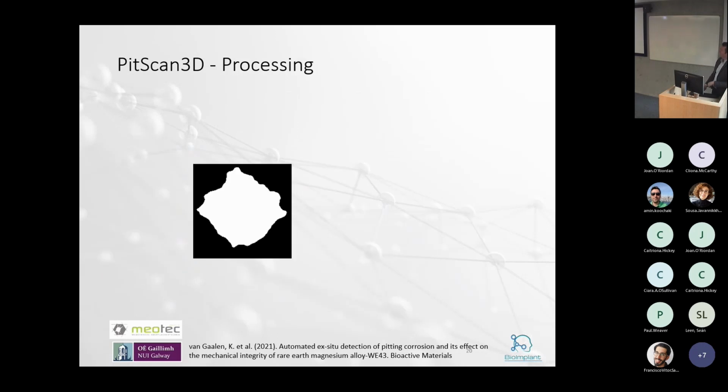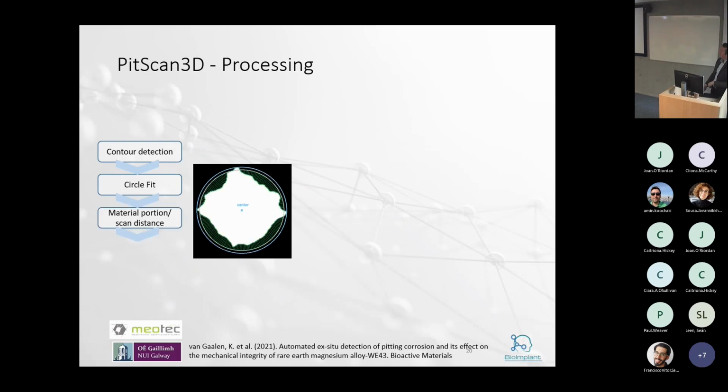From that, we process this image. Here you're looking at one single 2D section of that gauge section, and we apply essentially an automated detection framework to get a series of measurements from an outer circle fit to the core region here.